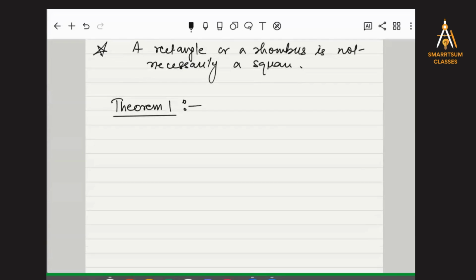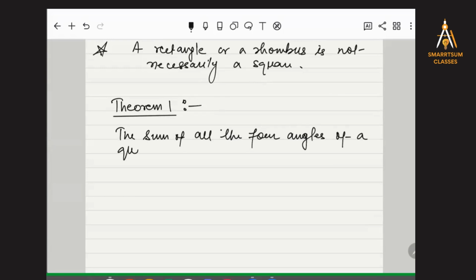Coming to theorem number 1, it says that the sum of all the four angles of a quadrilateral is 360 degrees. Okay, so this is the first theorem. What is that?